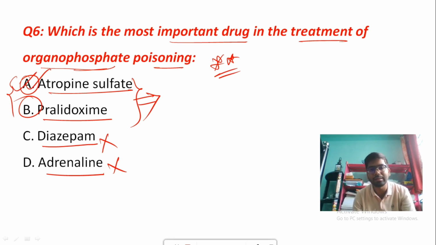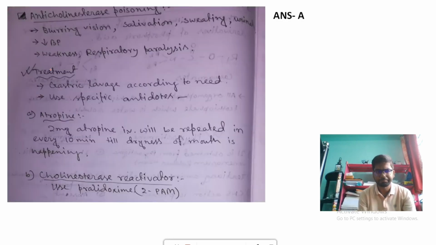So what is organophosphate? Organophosphate is an anticholinesterase drug. What is anticholinesterase? First, learn about what is cholinergic.